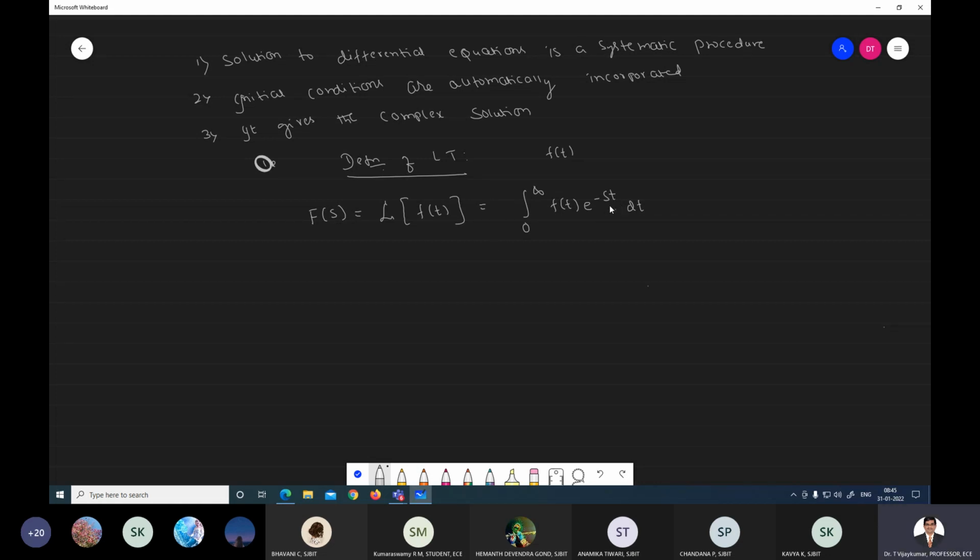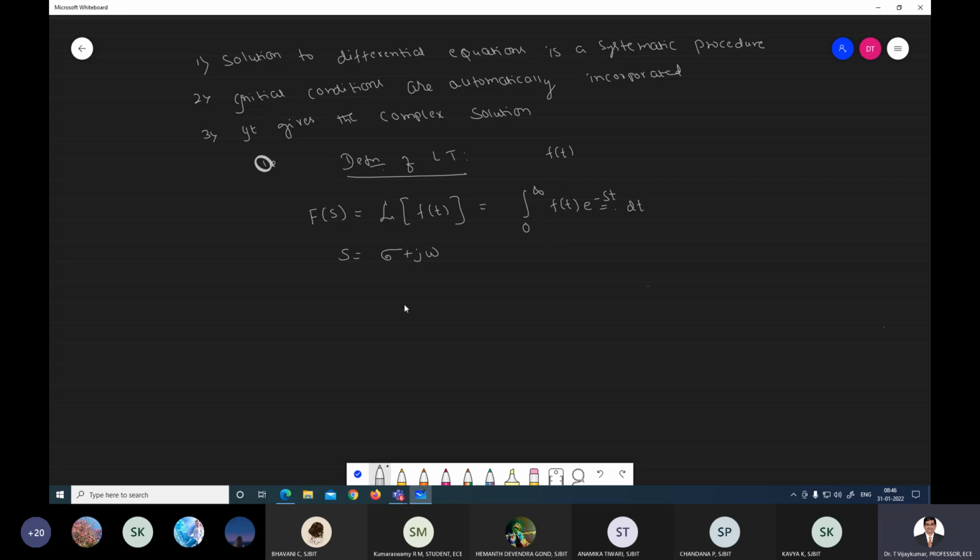Here s is the complex variable, that is s is equal to sigma plus j omega, and the function f of t must satisfy the following condition to process a Laplace transformation.